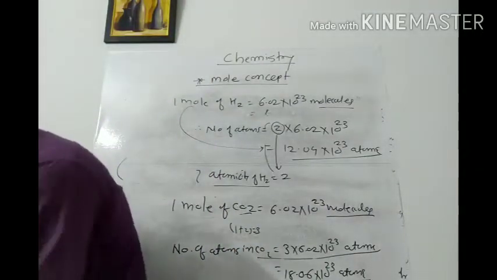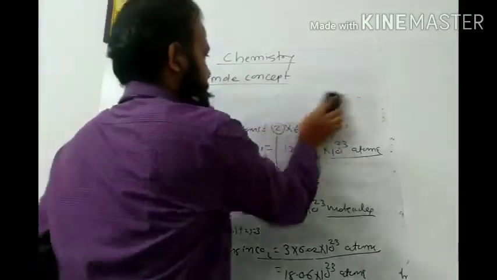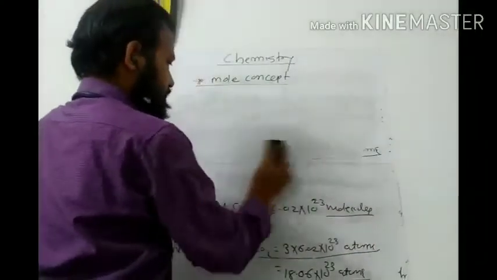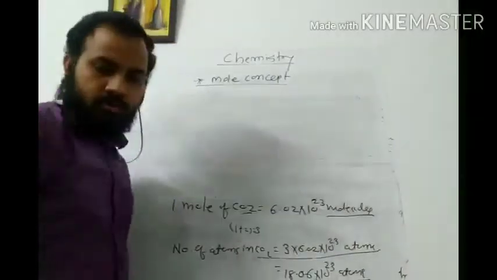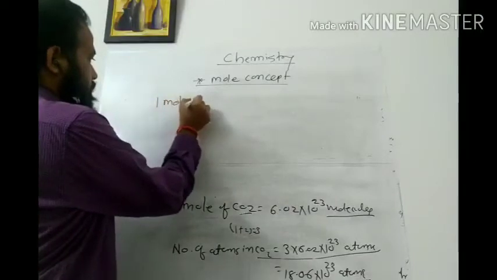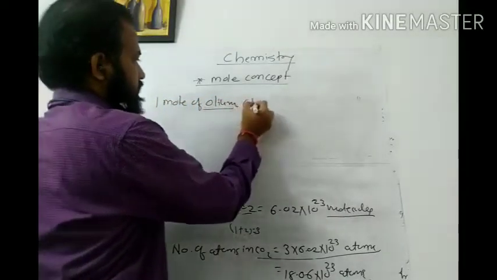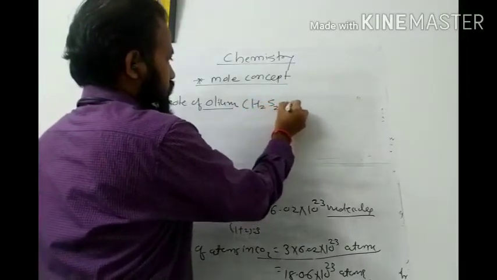1 mole of oleum. Okay, a common example. One mole of oleum. Oleum is nothing but H2S2O7.